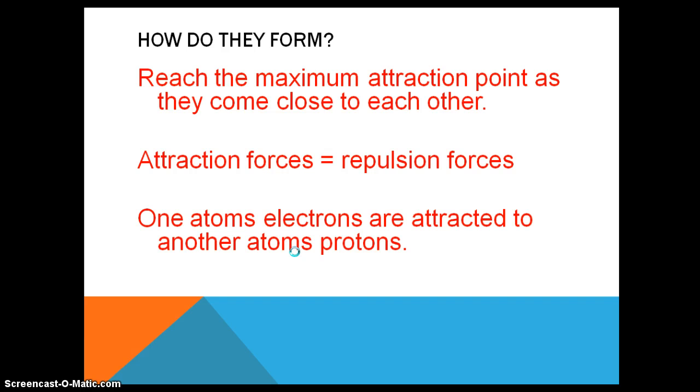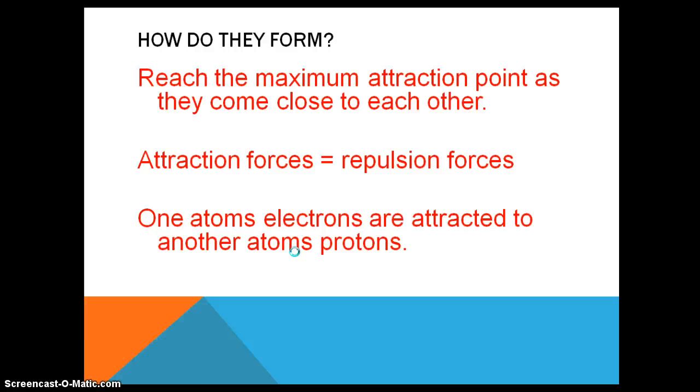So let's talk about how they form. Basically what happens is when you share electrons, you're going to reach a point that's called maximum attraction. So essentially there's some attraction forces going on, but there's also some repelling forces. So two atoms come together and essentially their electrons are repelling each other because they both have negative charges.